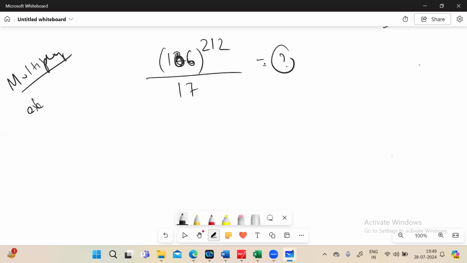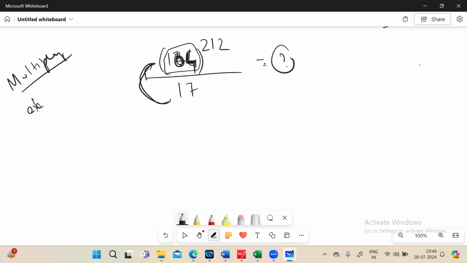If such a question is there, I'll try to reach, sorry, 104 to the power 212. So I'll try to reach the nearest number of 104 which is divisible by 17.